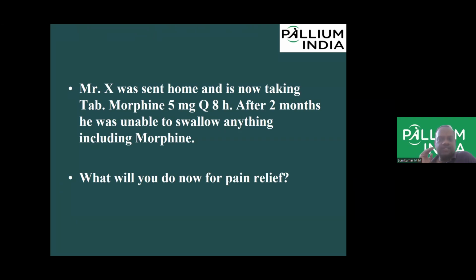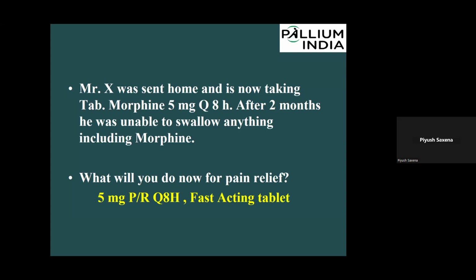So the effect of rectal morphine is the same as that of oral morphine. Whatever you administer orally, the effect will be the same when you administer rectally. So 5 milligram 8 hourly orally means you need to administer 5 milligram 8 hourly rectally also. So for this patient who is approaching end of life, you can use rectal morphine.